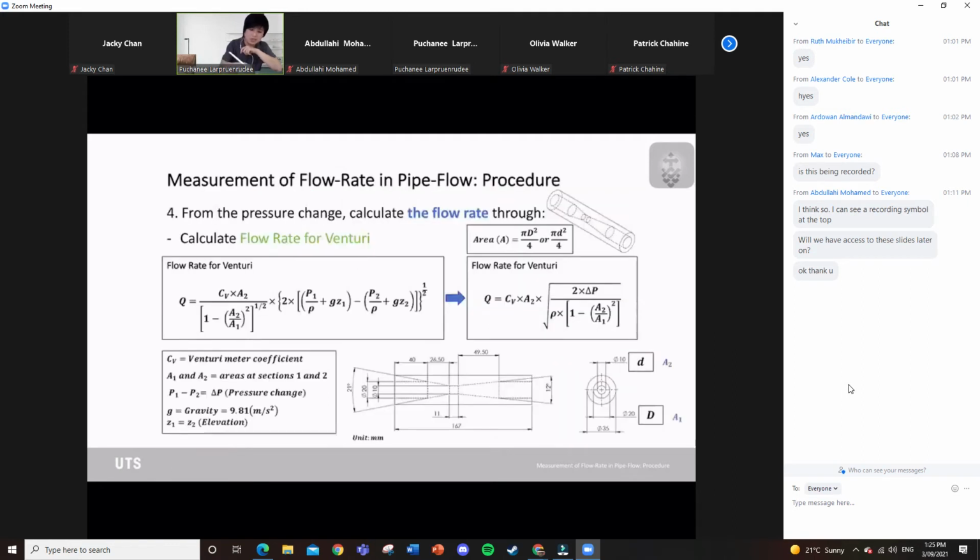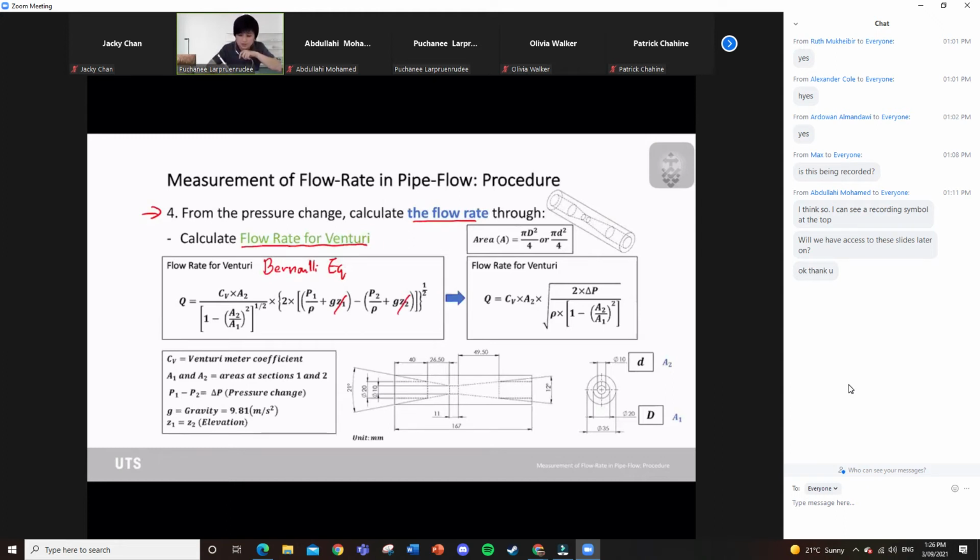So we are still in step 4, calculate the flow rate, but this one for the venturi. This formula comes from the Bernoulli equation. And for the Bernoulli equation, we don't need Z1 and Z2 because it's the same elevation. So we can cancel out this one.